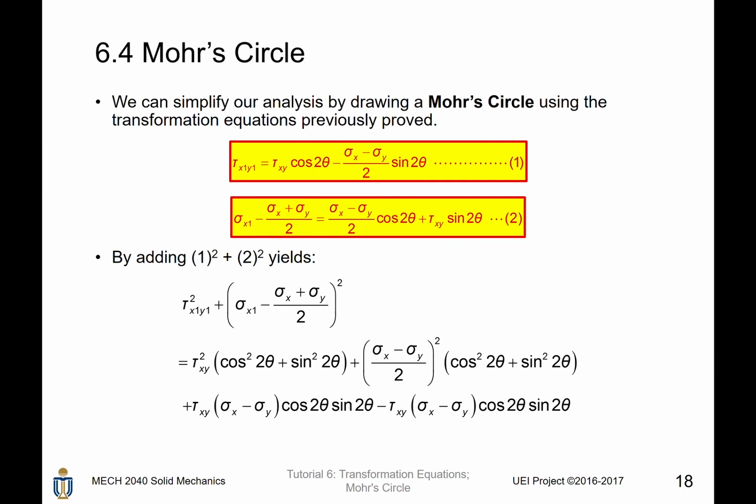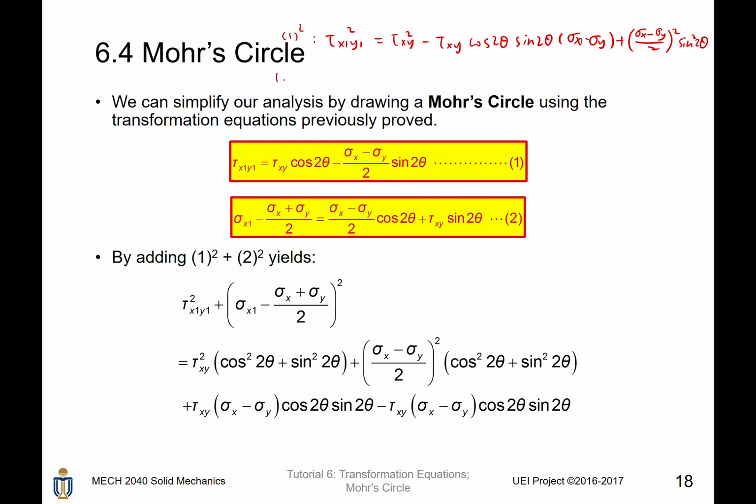Now what we have to do is square both of the equations and add them together. Then for equation 1, you will get τx1y1 squared equals τxy squared cosine squared 2θ, plus τxy cosine 2θ sine 2θ (σx − σy), plus ((σx − σy)/2) squared sine squared 2θ. Okay, this is equation 1 squared.